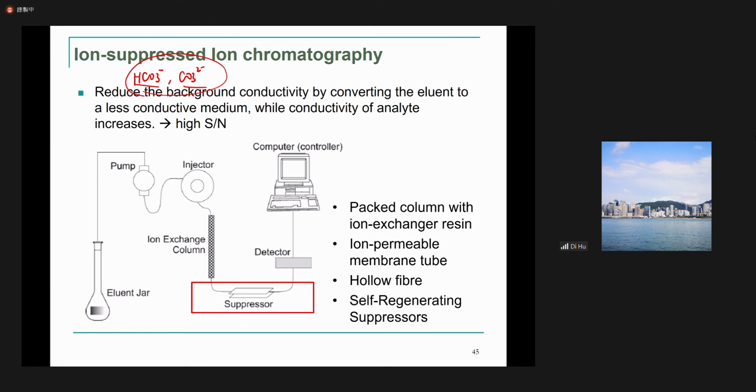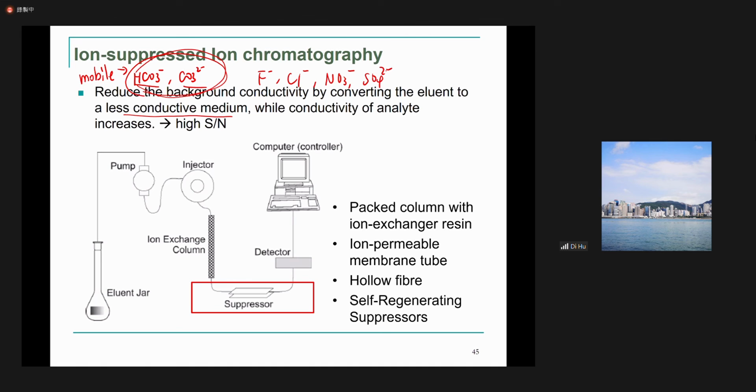Therefore, if you want to have enough sensitivity, you want to convert these to something less conductive. Here is your mobile phase, you have this buffer, and your analytes: borate, chloride, nitrate, and sulfate.